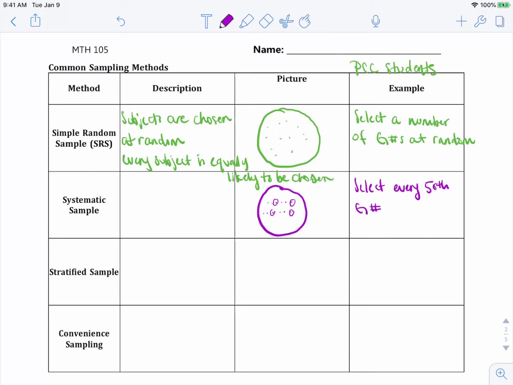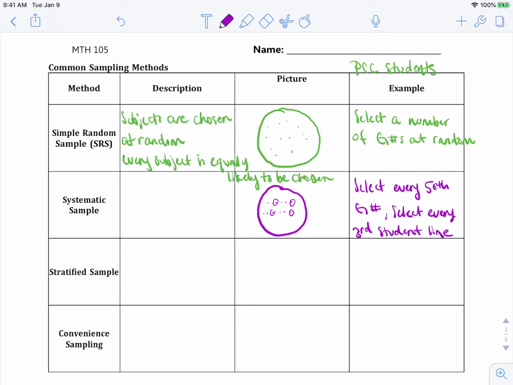You could also do this if, say I'm not looking at G numbers and students are standing in a line, like maybe for registration or something. I'm going to select every third student in line. Okay.